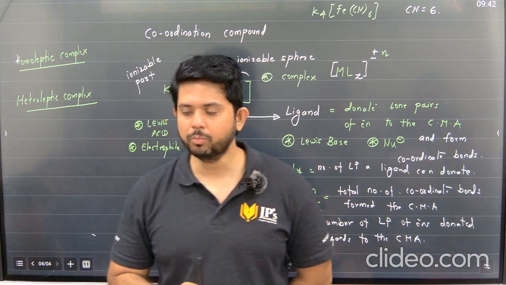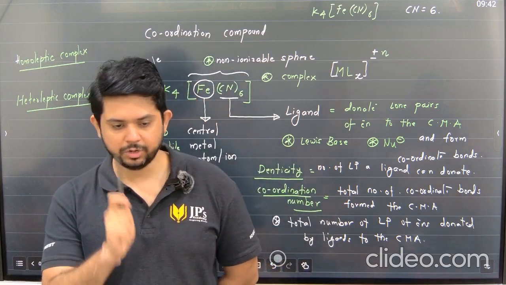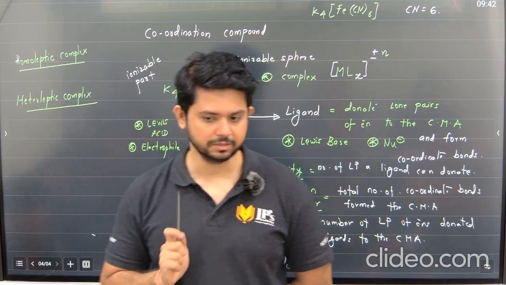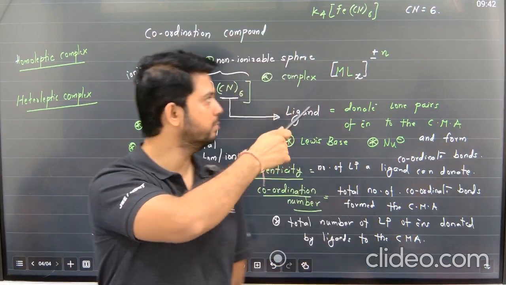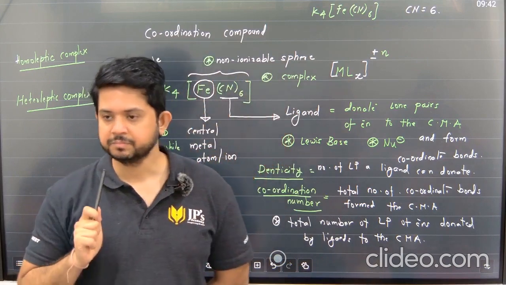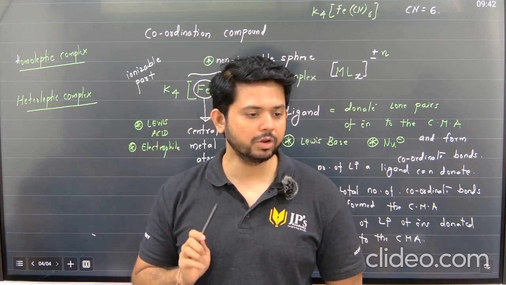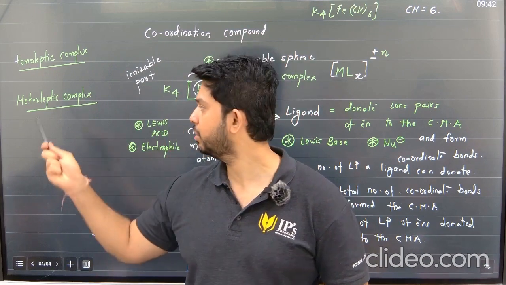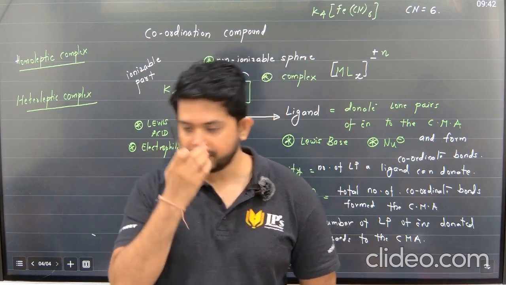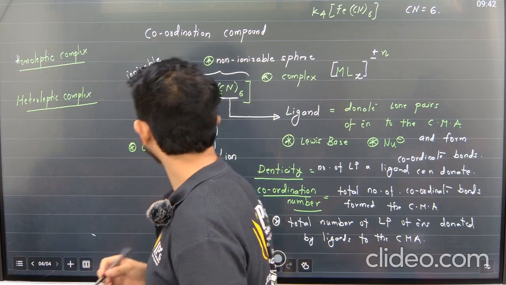What do you mean by a homoleptic complex? It contains only one single type of ligand. For example, here this is a homoleptic complex. It just has cyanide. Let's say along with cyanide we had one more ligand. Such complexes will be called heteroleptic complexes.